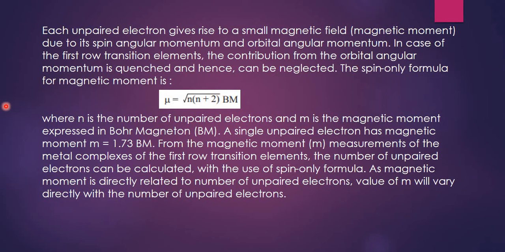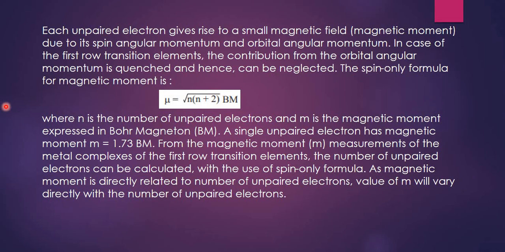Each unpaired electron gives rise to a small magnetic field or magnetic moment, due to its spin angular momentum and orbital angular momentum. In the 3d series, the contribution from orbital angular momentum is quenched and could be neglected.